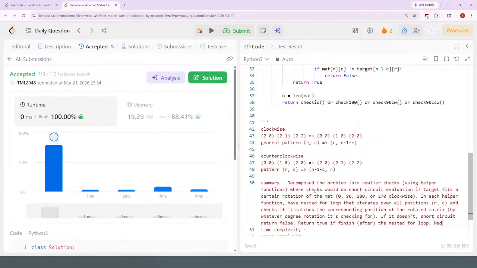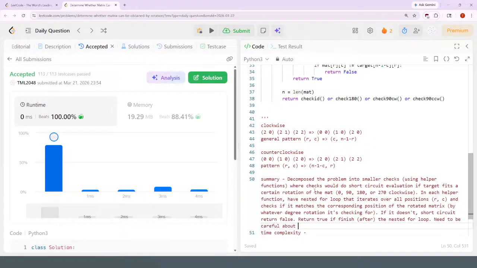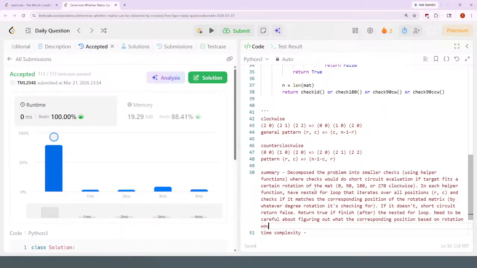Need to be careful about figuring out what the corresponding position based on rotation would be. I used the test case numbers and generalized the variables as the technique to figure that out.